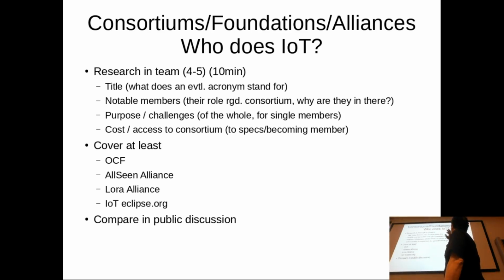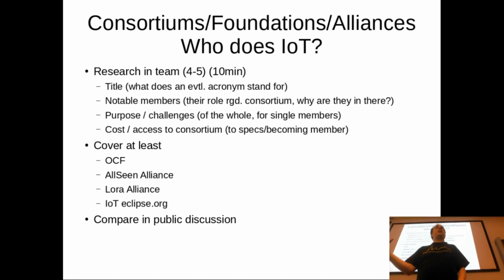So what I want you to do is, genau, 10 minutes. I want you to pick a couple of consortiums or foundations or alliances. Look at the name and what does the name stand for? Who is part of this? Which companies are actually part of these alliances?